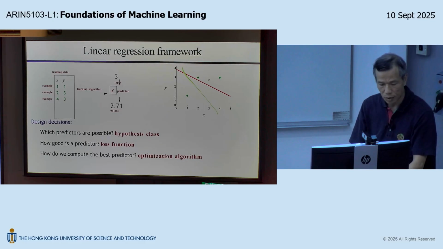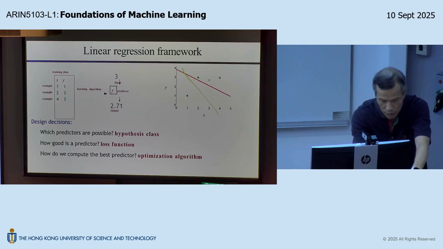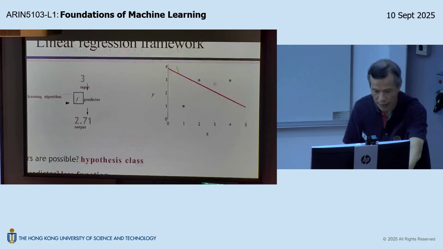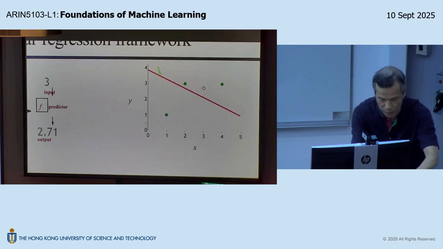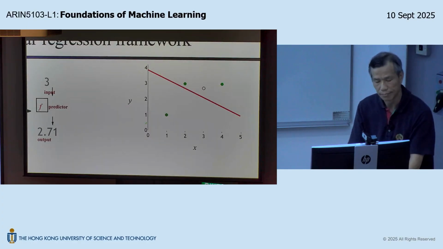Suppose that you have a loss function, and you tell me that for this red line it is not good. You give me a score or a loss. Say for example the loss is 100. So the loss is big. So what do you do?